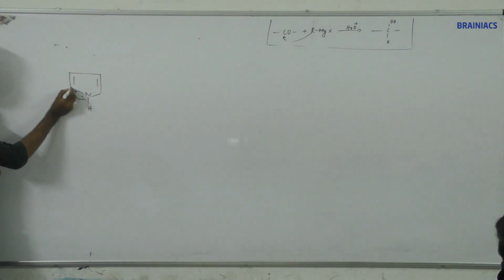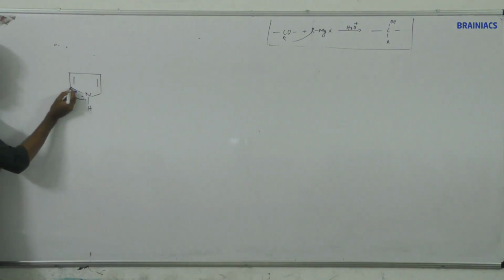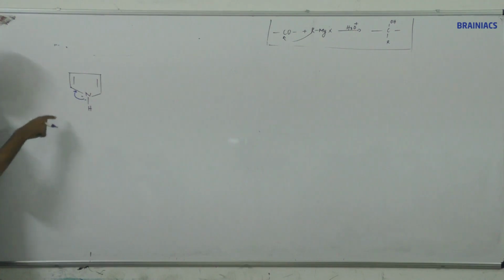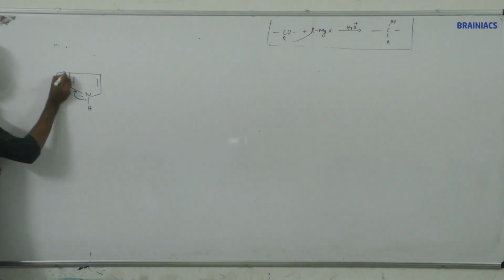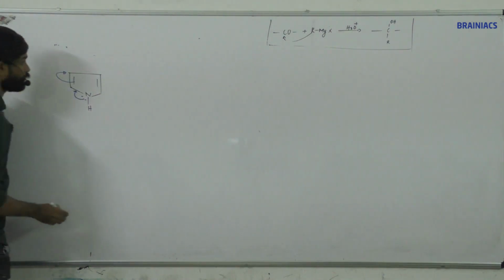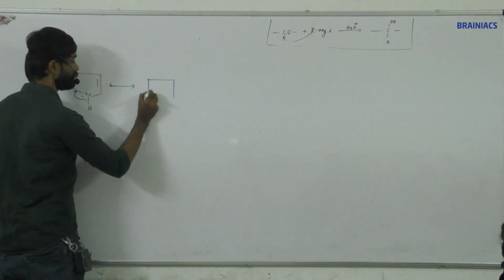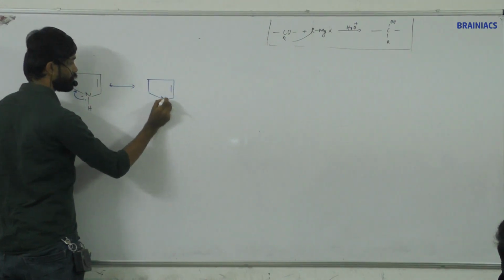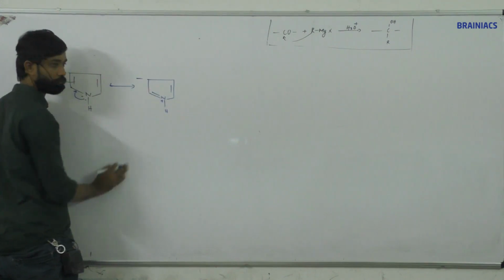Where the valency of this carbon becomes 5. If this jumps to here, it becomes a double bond. Double bond, double bond, already valency 4. In addition to that, here is a hydrogen, so the valency becomes 5. So this carbon can't accommodate this electron, so it is shifted to here. I think you know the concept of resonance. Here is a bond, here becomes plus, double bond, minus charge.